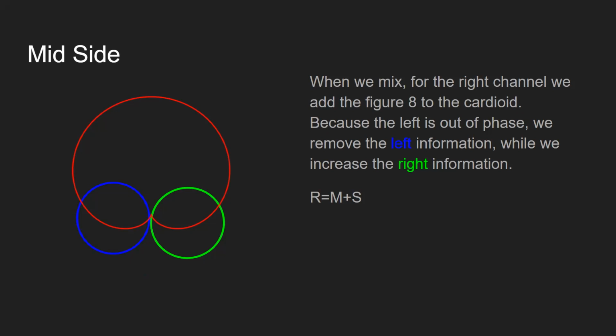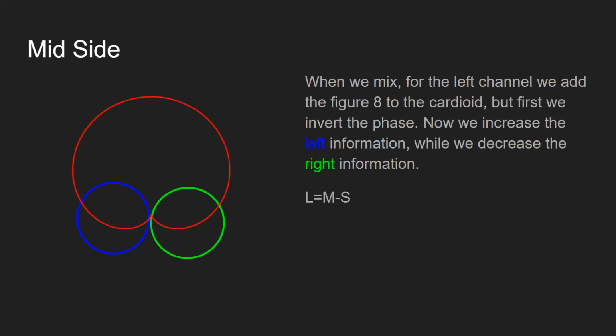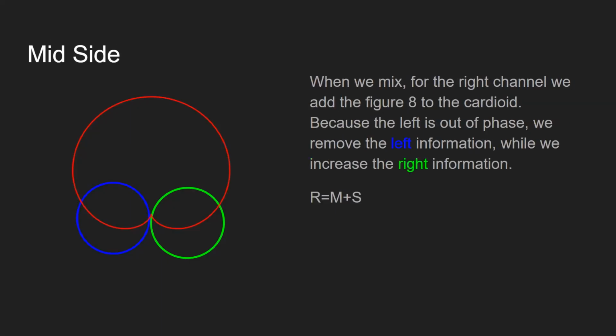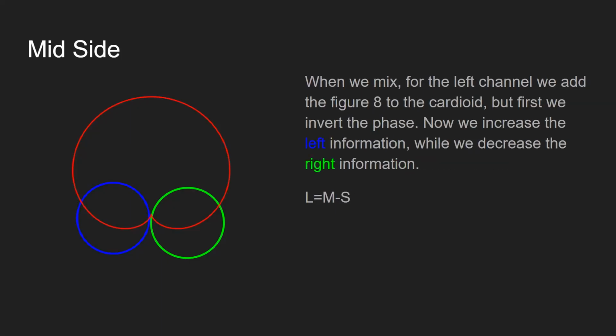So when you add those two together, you're going to be removing information coming from the left, canceling it because it's out of phase, and increasing, reinforcing it because it's in phase on the right. When you mix the left channel, you're going to subtract the side mic from the center mic. Now, all that stuff that I just said canceled because it's out of phase, now it's in phase, it's reinforced. Everything that you got on the right when you add things is now lost because it's now out of phase.